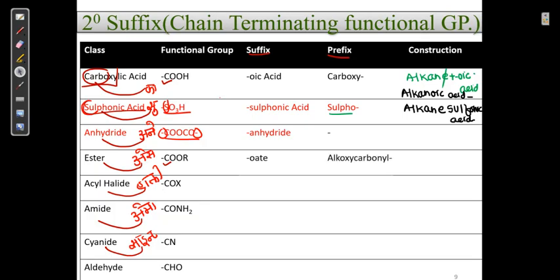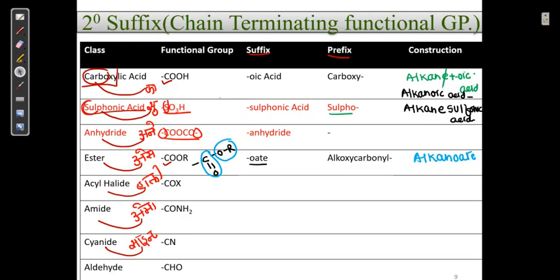I can say alkoxycarbonyl. See, this functional group is written like this. This is known as alkoxy. This is known as carbonyl. And in this case I can write alkane, remove the E and add OATE.